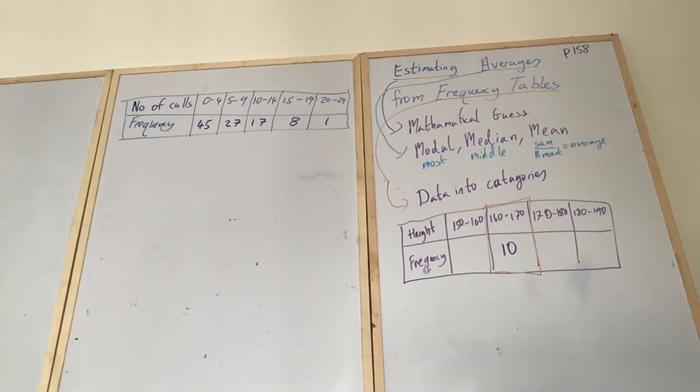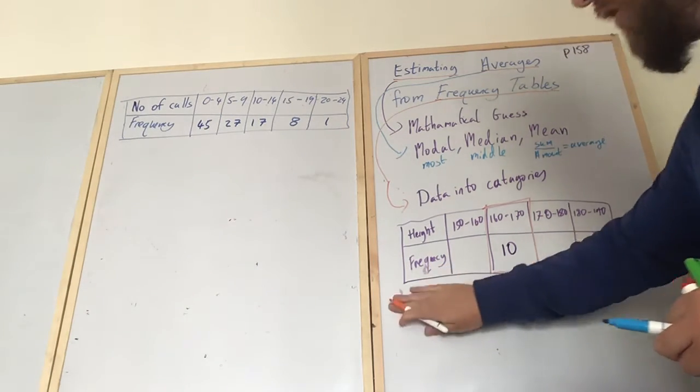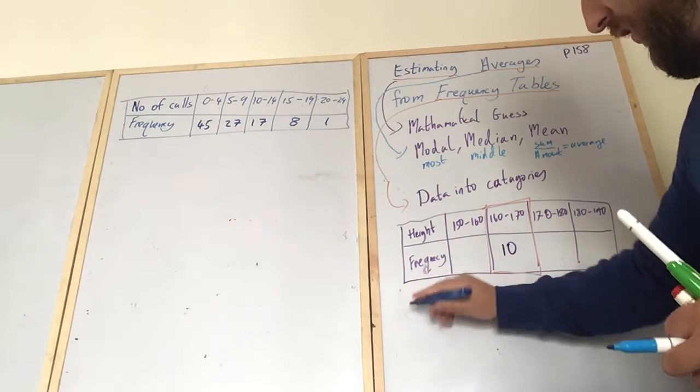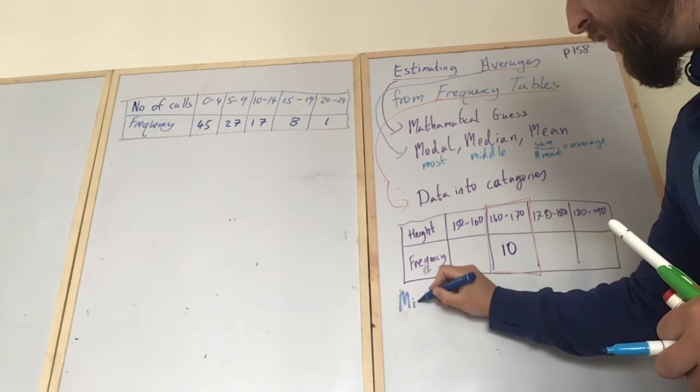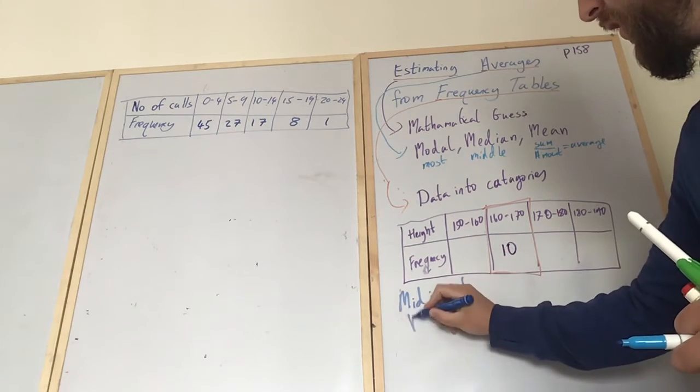So to estimate the mean, we need a new thing which is called the mid-interval value. Mid-interval value.